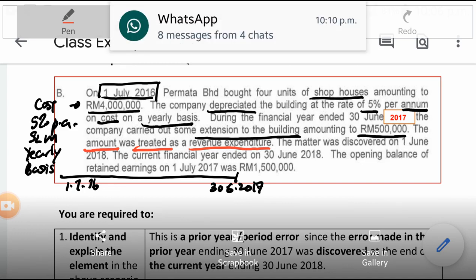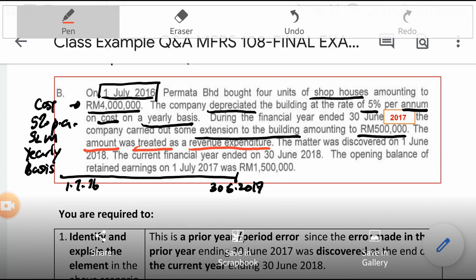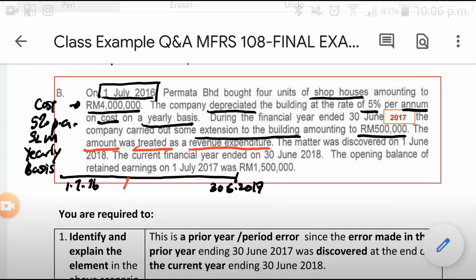Why wrongly recognized? Extension costs should be capitalized because it improves future economic benefits. However, this company treated it as revenue expenditure. So it becomes a revenue expenditure which is being expensed off to the SOPL. When? In this prior period or prior year.